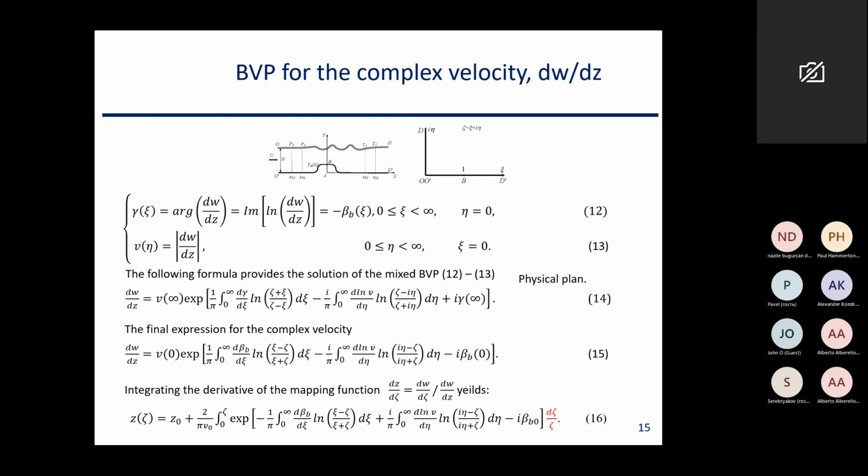Again, the second, more complicated problem is to determine the complex velocity. Here we write the boundary conditions. So the argument of the complex velocity is a given function. We assume that we know this function on the bottom surface.